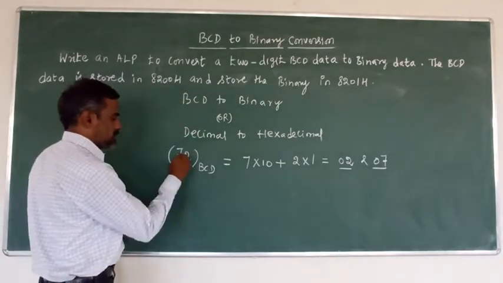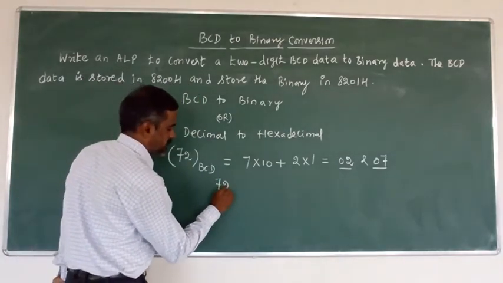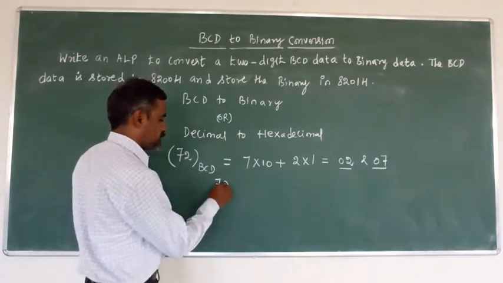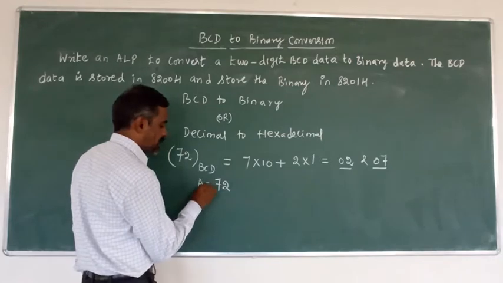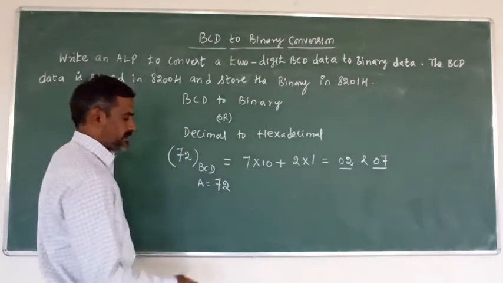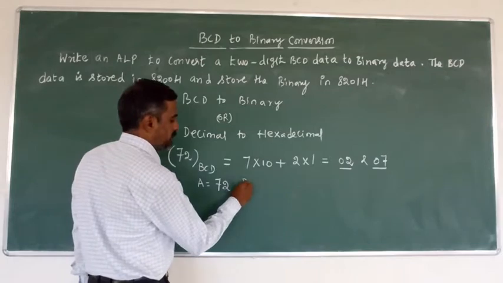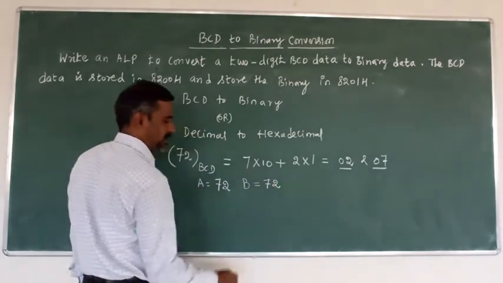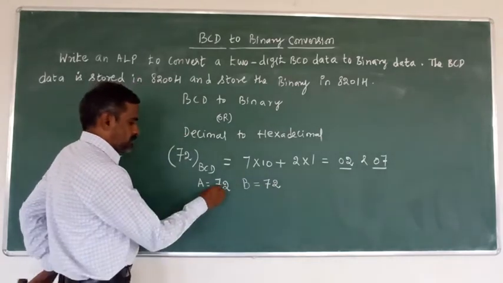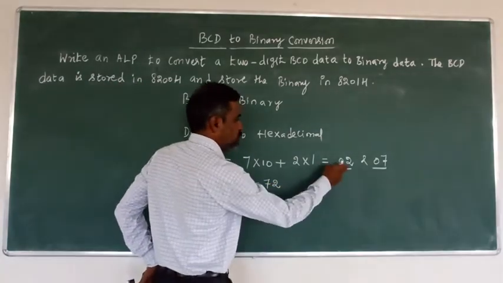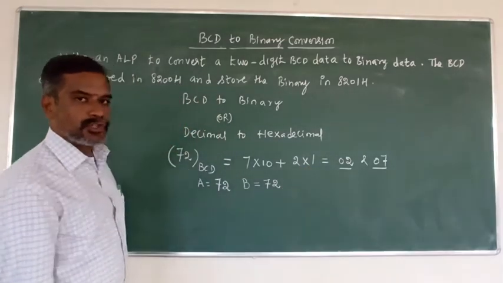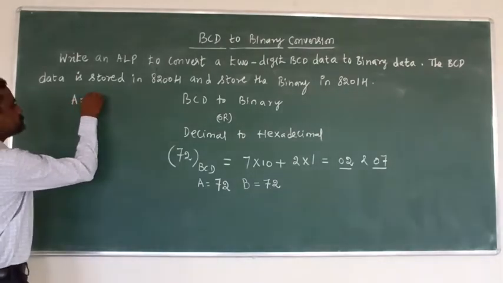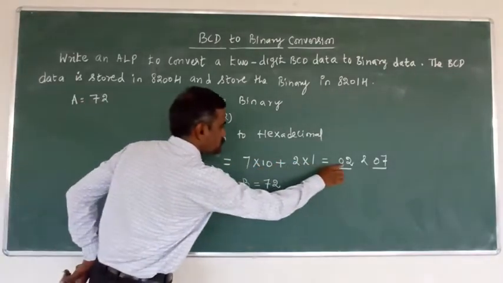For the given data 72, we can move it into some other register. First load the accumulator with 72, and the same data we can move into some other register, suppose B, also 72. Now first the 72 must be made into 02.